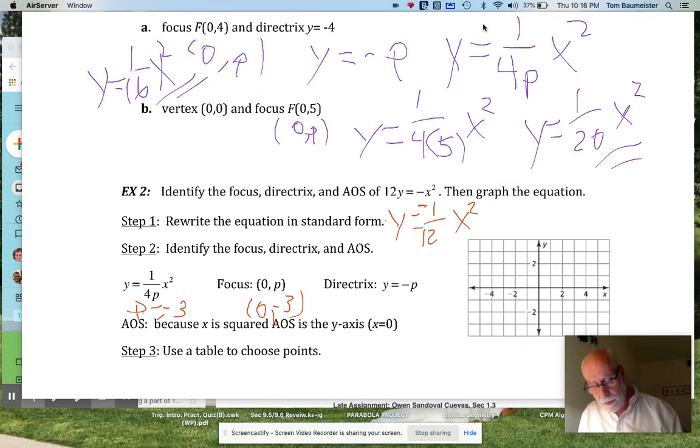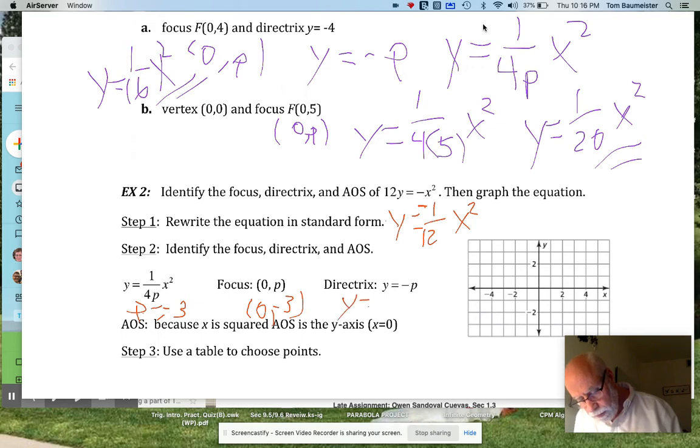we'll have y is equal to negative times negative 3, because our p is now negative 3, which just equals 3. So our directrix is up here at y is equal to 3.